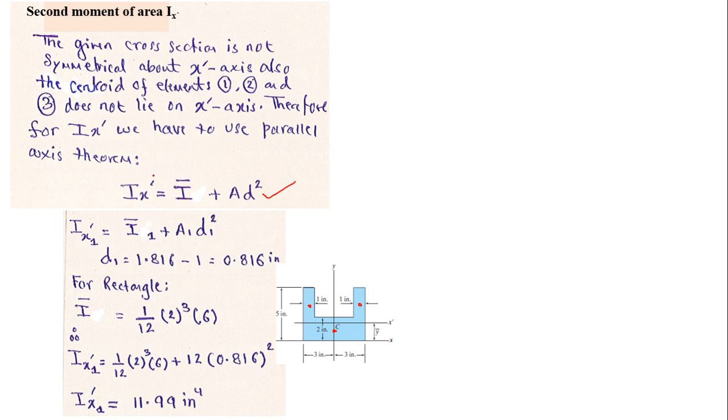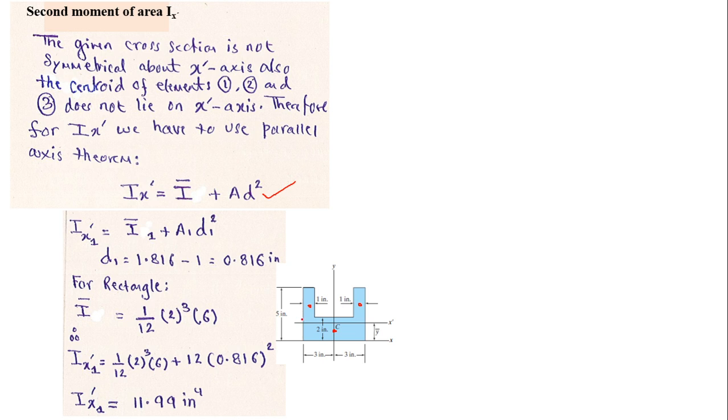I x dash is equal to I bar plus A D square, and this I bar is the second moment of area defined at the centroid of individual shapes. So for this small rectangle, you have to calculate the second moment of area about its centroid. That will be I dash.